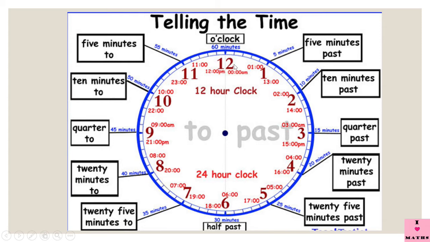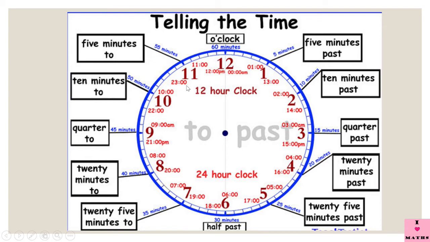So in 24-hour clock, we write that time as 0000 hours. In 24-hour clock, we use 4 digits to express time.